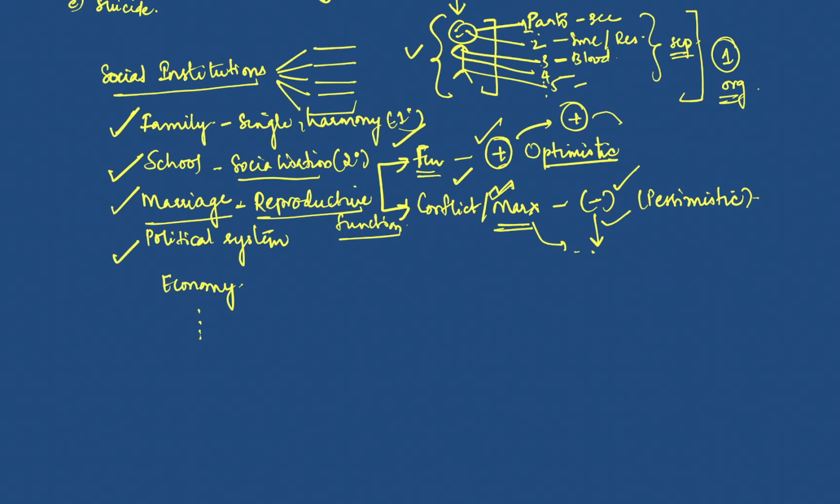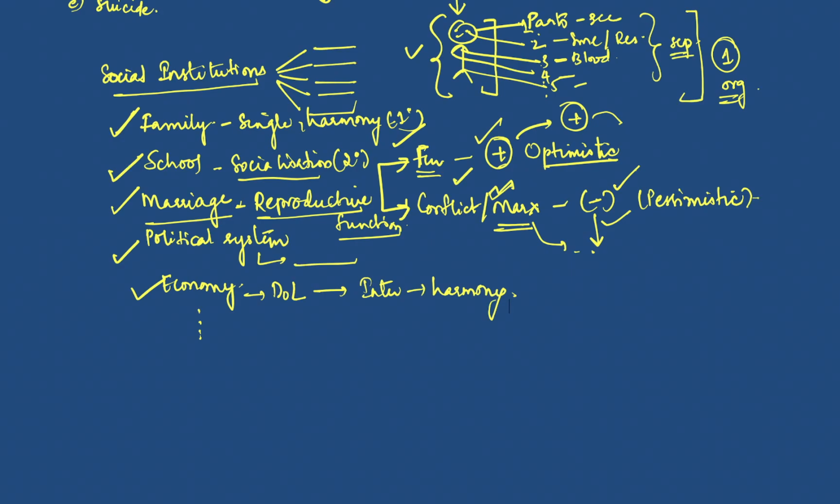Right? Then you have the political system through which the polity of the society is maintained. Then you have the economy where there is a division of labor, and because of the division of labor, there is this interdependence, and hence people are able to live in harmony. Right? So this is how the functionalists basically organize a society.